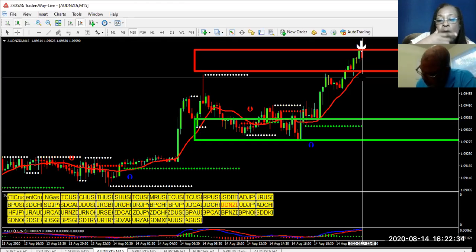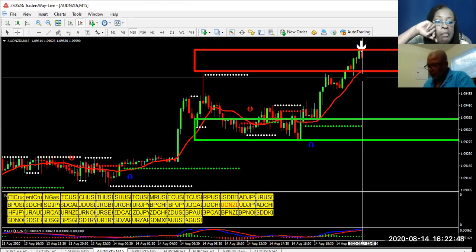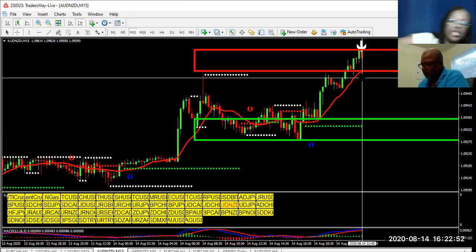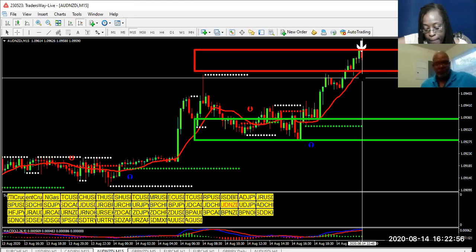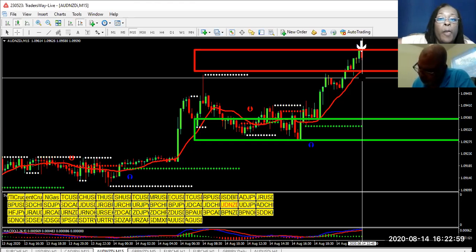Once that is happening, the next question is, did the candle close on a support or resistance dot? If it did, don't take the trade.